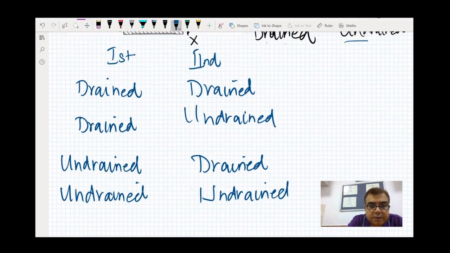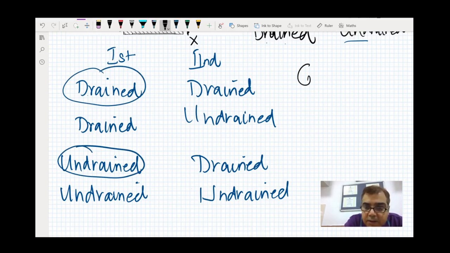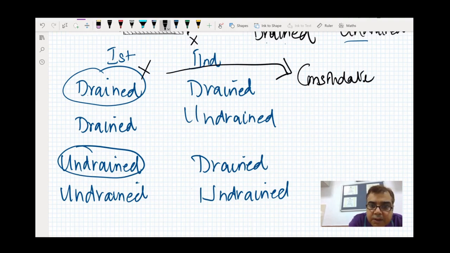So this leads to 4 different tests. It's kind of difficult to say drained and undrained, so rather than calling it drained or undrained for the first stage, we would prefer to call it consolidated. So I replace this with the word consolidated.